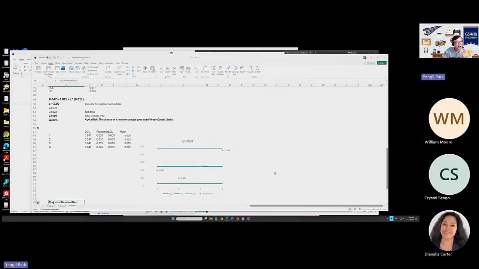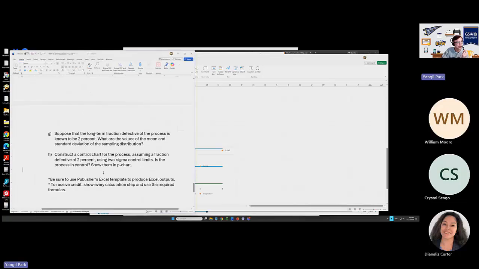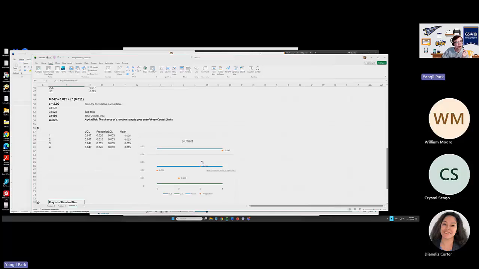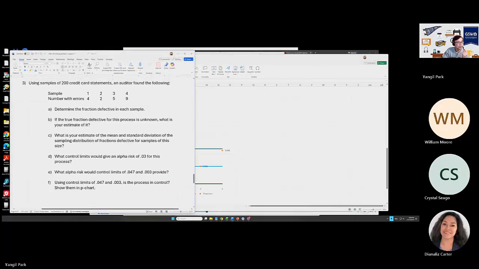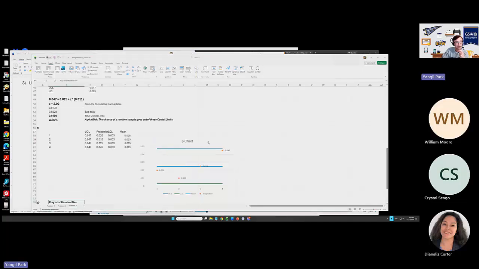H, I think I skipped that part. What was the H? Is this H? F, I'm sorry, F. So showing them in P chart, I think I skipped. Did I skip that or did I show them? I think I showed them. Okay, that's fine.